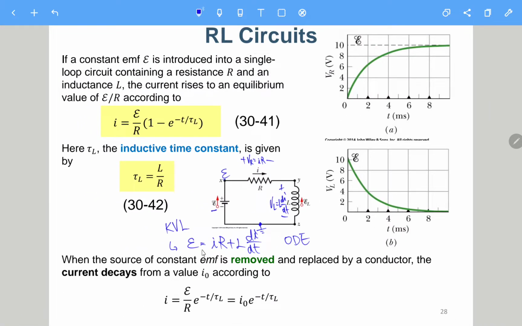But the point here is that this is actually the answer to this one. This will be the solution to this differential equation.